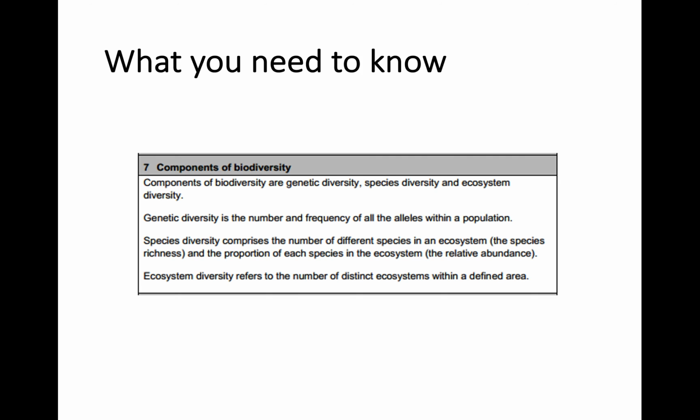In terms of species diversity, I want you to be aware of it being the number of different species, species richness, but also that relative abundance, that proportion of the species in the ecosystem. And finally, that ecosystem diversity is fairly straightforward, but just the number of distinct ecosystems within a defined area. Remember, if you have a large diversity of ecosystems, you'll have a high species richness, and conversely, it's the same as well.